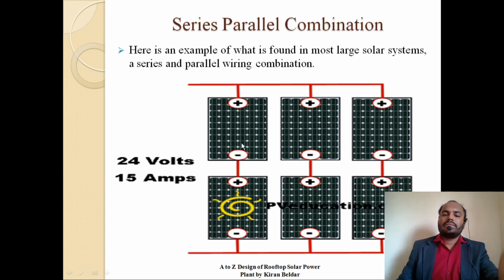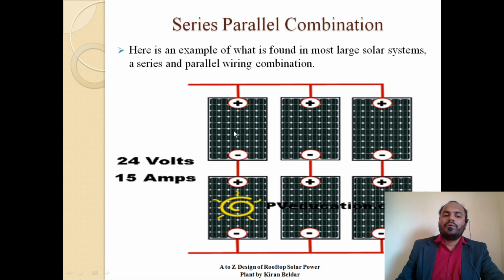So these 2 modules are in series, this 2 in series, and this 2 in series. As per the rule, if modules are connected in series, the voltage gets added. So 12 volt plus 12 volt is 24 volt, here also 24 volt, and here also 24 volts.